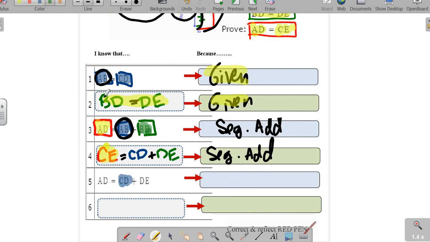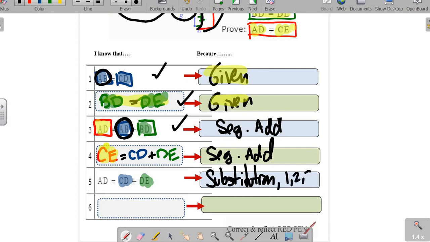We could swap out BD and put in DE. And that's exactly what we did in step 5. So that is substitution. And what did you substitute? You used lines 1, 2, and 3.